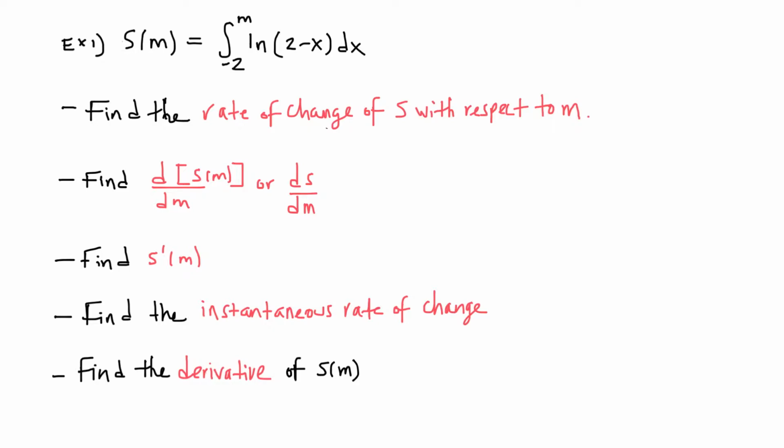To find the derivative of the integral, I am just going to use the theorem. The theorem says that I should get the integrand, ln of 2 minus, instead of x, my upper limit, m. And that is it.